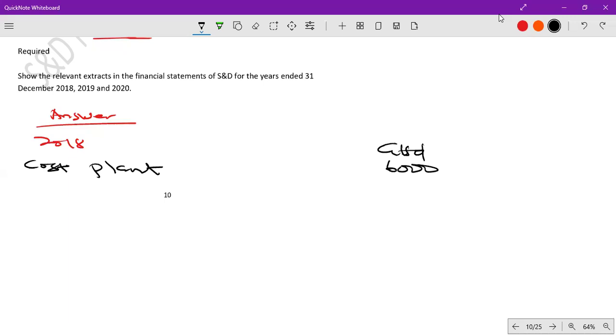So let us charge the dismantling cost. If it is environmental provision, it is the same thing.